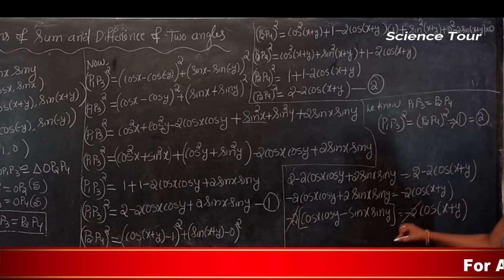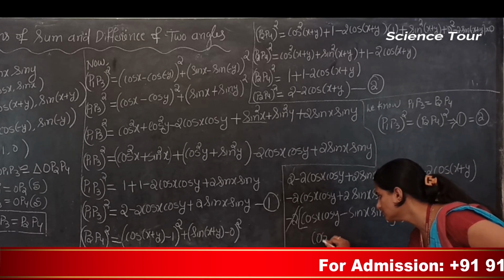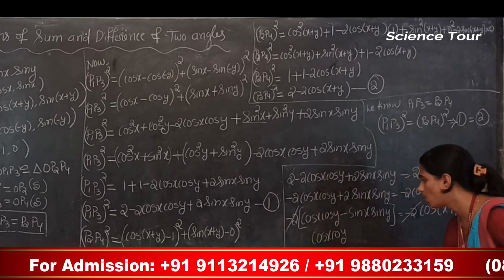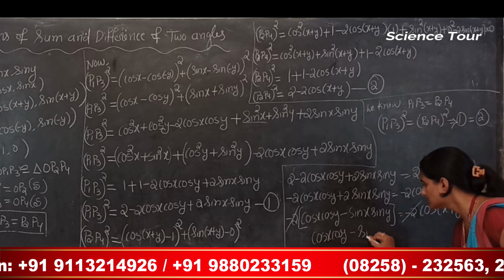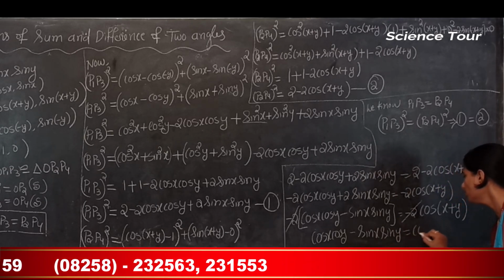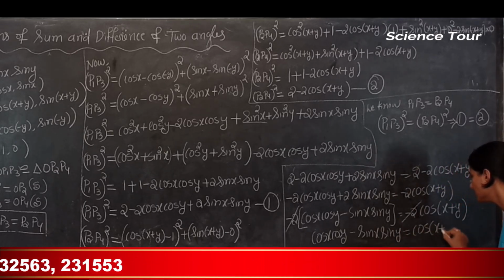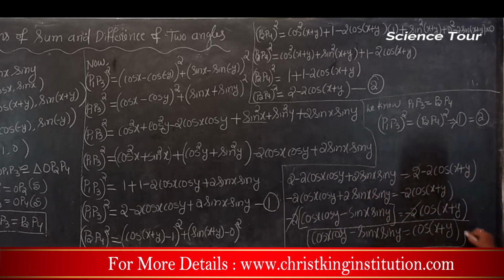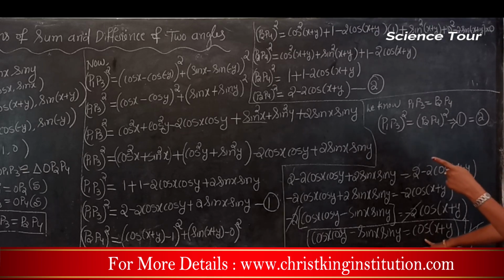Finally what we got here? We got the theorem: cos x cos y minus sin x sin y, which is equal to cos of x plus y. Is this the answer? Yes, it is your answer. What is your answer to prove here?